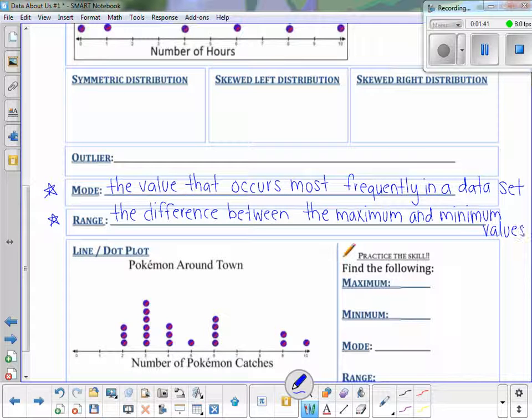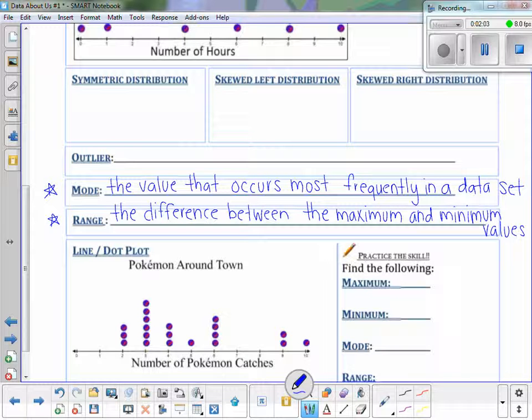So the difference between the maximum and minimum values.